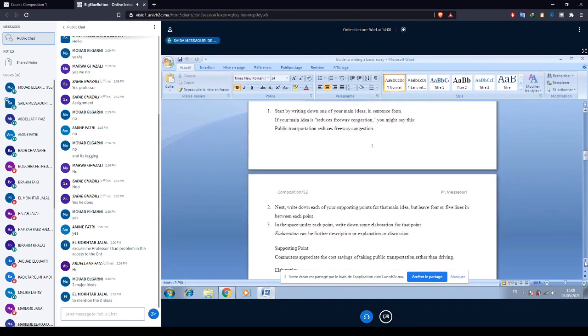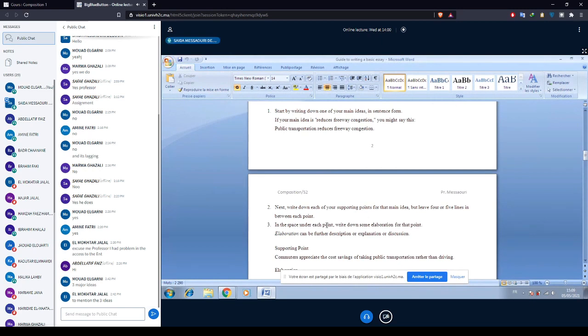Next, write down each of your supporting points for that main idea. Remember, from each major idea, we have drawn 3 main lines with 3 supporting ideas. So those supporting ideas, you're going to use them here. Write down each of your supporting points, but leave 4 or 5 lines in between each point.